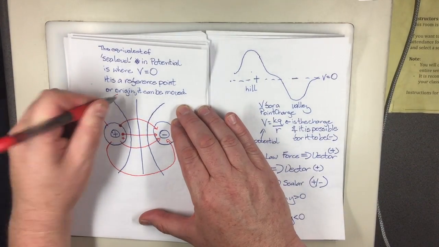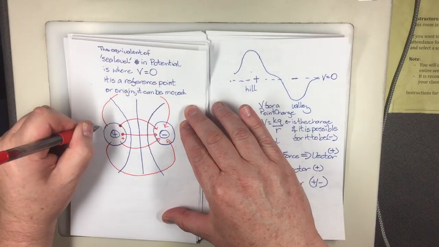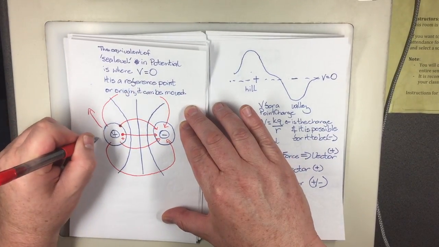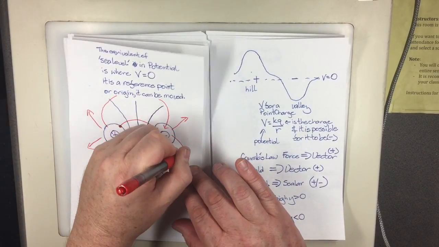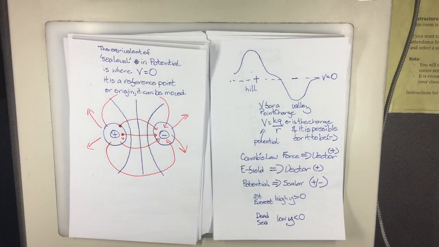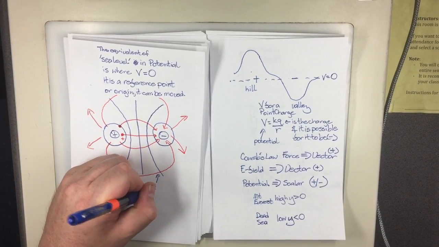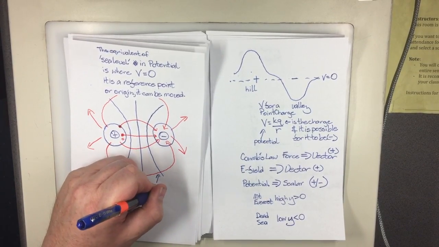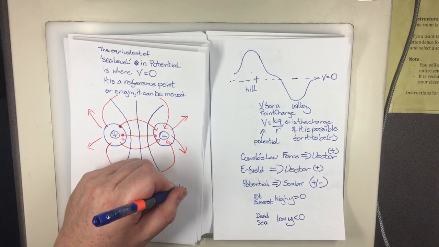And what you end up with are a whole bunch of lines. These lines right here are equipotential lines.